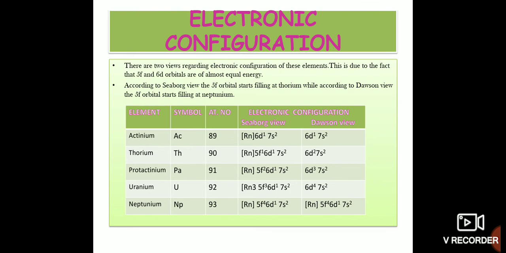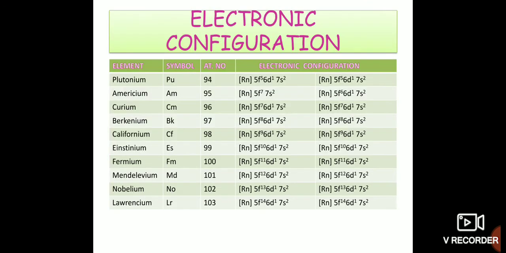From neptunium onwards we have radon 5f4 6d1 7s2, and it continues from neptunium to lawrencium. Plutonium is 5f5, americium 5f6, curium 5f7, berkelium 5f8, californium 5f9, einsteinium 5f10, fermium 5f11, mendelevium 5f12, nobelium 5f13, lawrencium 5f14.